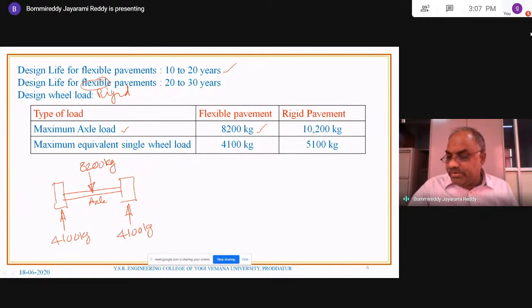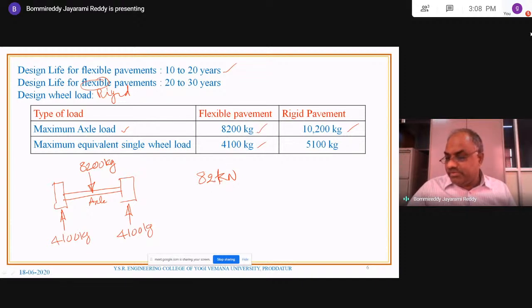And wheel load means the load that is transferred through one wheel only. The maximum equivalent single wheel load is 4,100 kg. Similarly for rigid pavement, the standard values are 10,200 kg and 5,100 kg. Here we can normally call 8,200 kg as 82 kilonewtons.